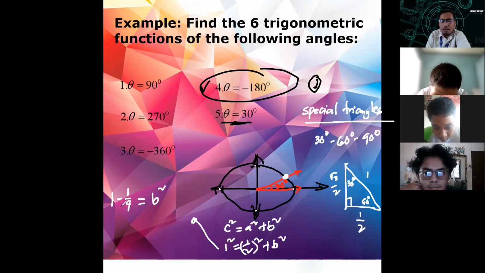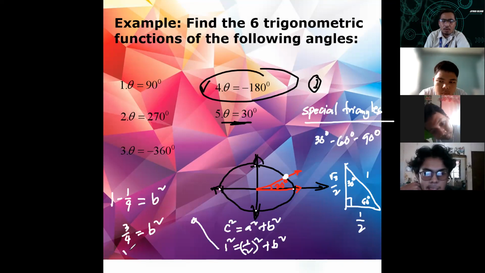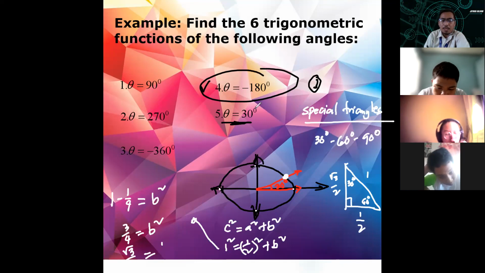If you simplify it, it is 4 over 4 minus 1/4, that is just 3 over 4, equal to b squared. If you take the square root of both sides, it will be square root of 3 over 2. And that is b. So, this side now will be square root of 3 over 2.